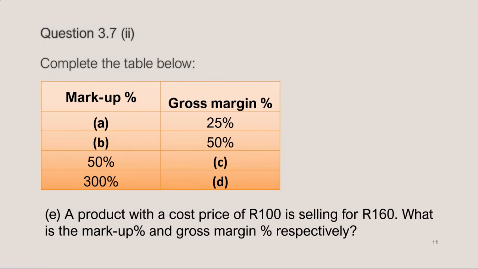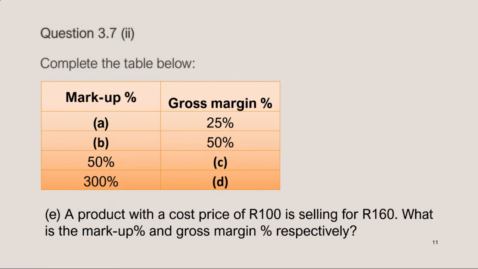Okay, so I'm going to help you guys out. For gross margin, remember we said it's the profit over our selling price. So that's the formula. Our profit is 50%. Our selling price we worked out as 150. So if you take 50 over 150, you get 33.3%. Okay, now DU will work out exactly the same.